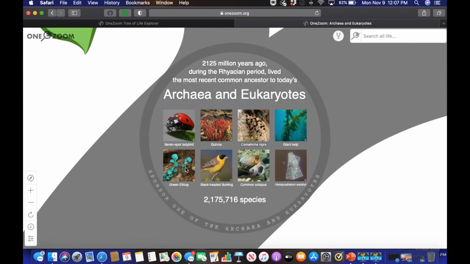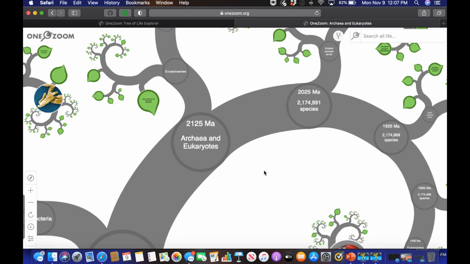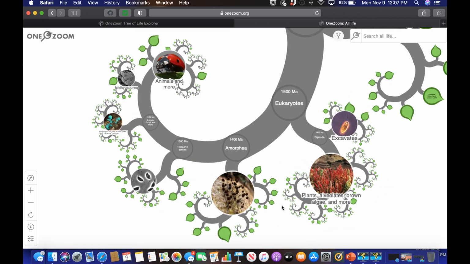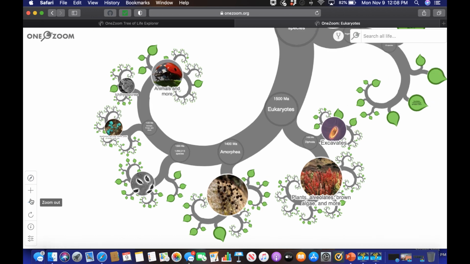And here you can see birds, you can see bugs, you can see different things, and there's 2 million species. And then here only eukaryotes, you can see all these different types right here. So we have plants, we have so many different types of species here.